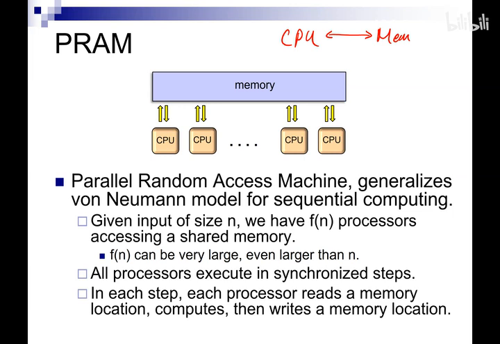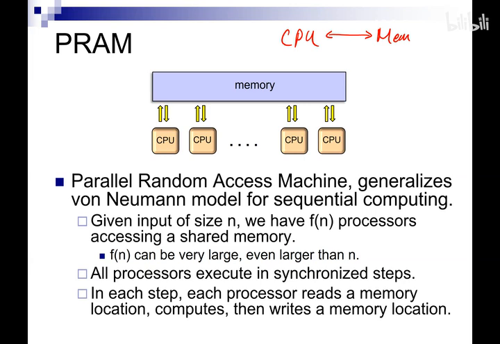And then all of them are going to compute in synchrony, and then all of them are going to write back. This is a little bit like the SIMD model that we talked about, the single instruction multiple data, except that here the different CPUs can do different instructions. So it's not single instruction, they can each do different instructions.